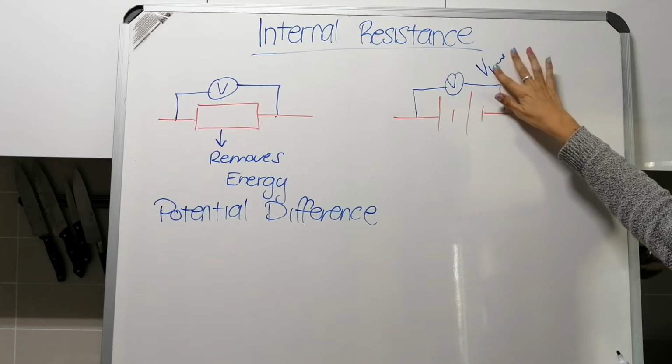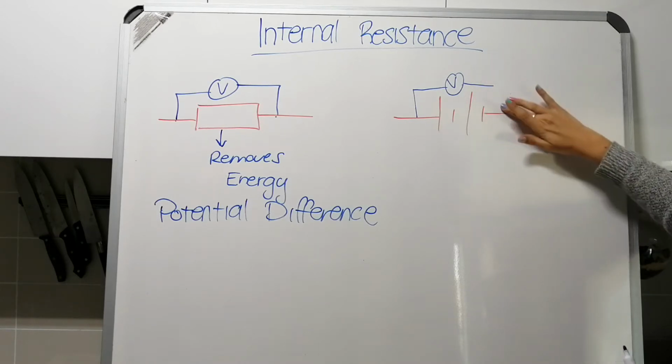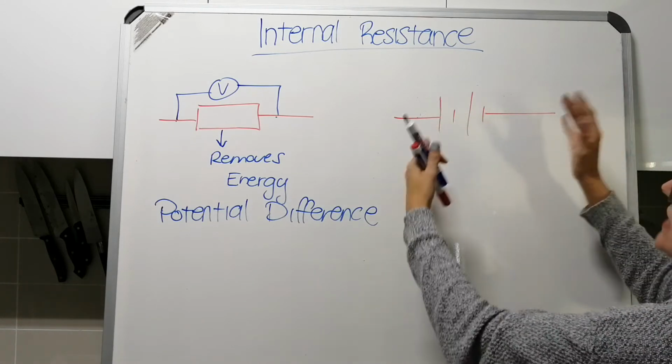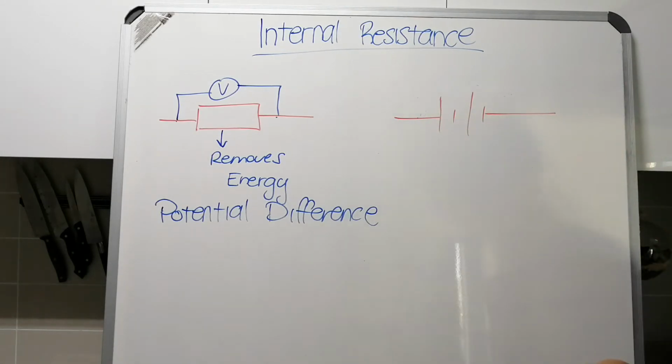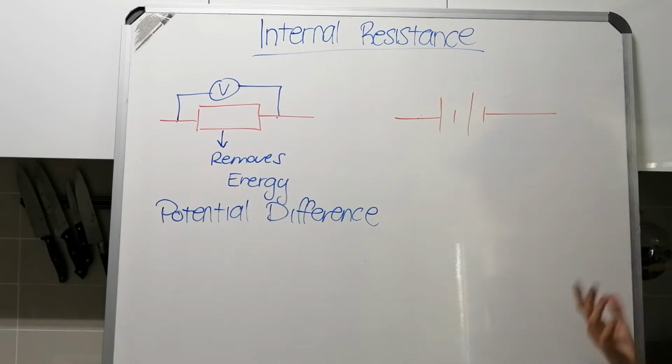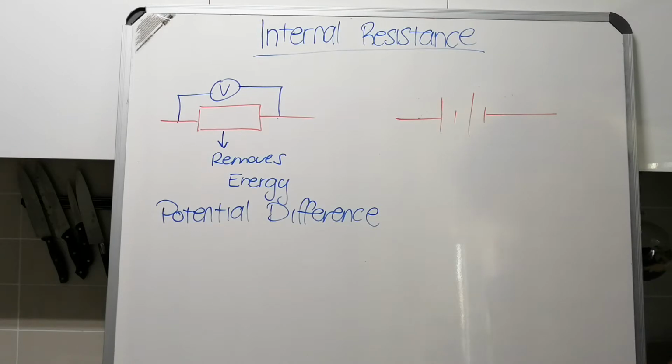Now, when we talk about internal resistance, we now have to look inside this battery. And inside this battery, because we're trying to make it more like real life and less just convenient for us to do the maths.